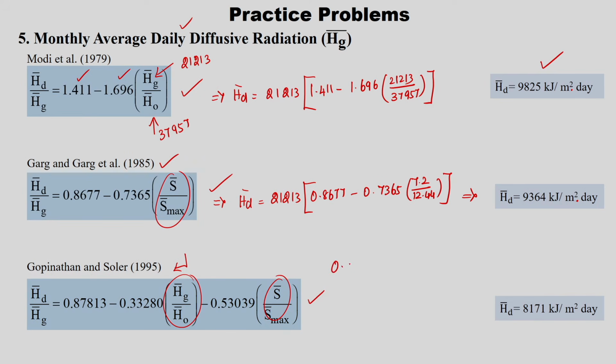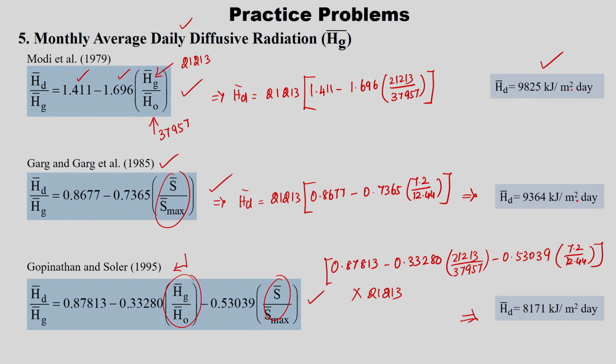So, here if you substitute 0.87813 minus 0.33280, Hg is 21213, minus 0.53039, S bar is 7.2 upon 12.44. So, this should be multiplied with Hg, which is 21213. So, the value is 8171 kilojoules per meter square day.